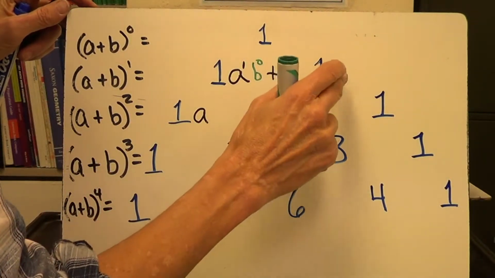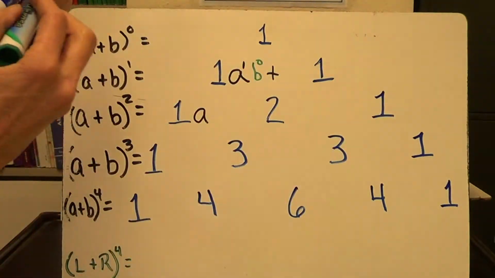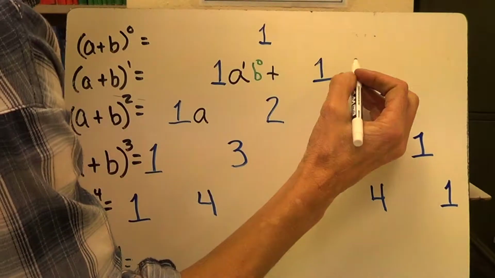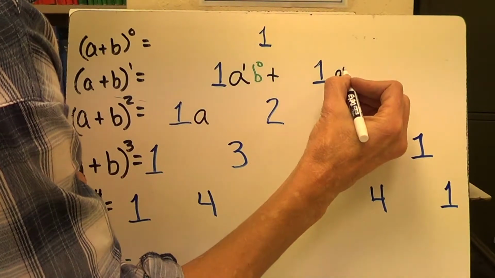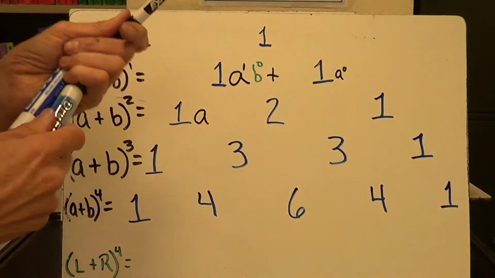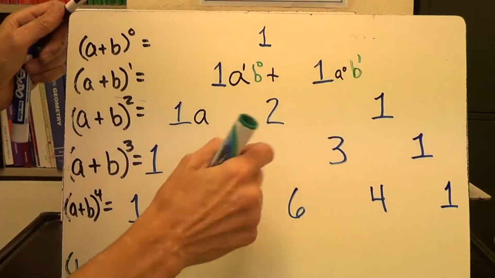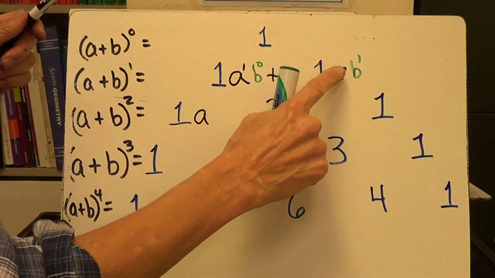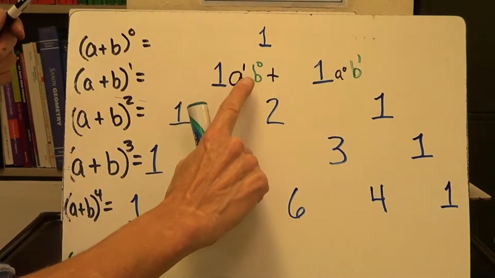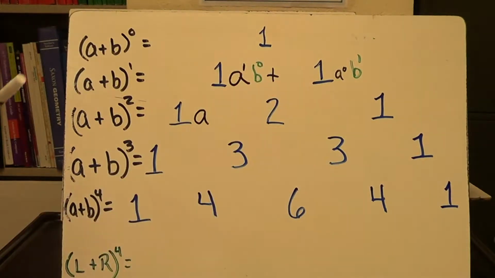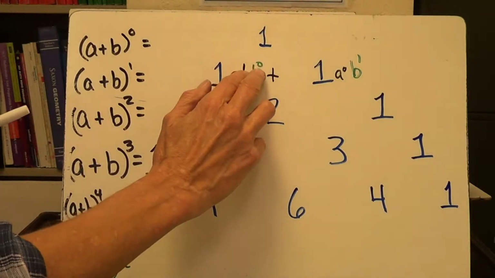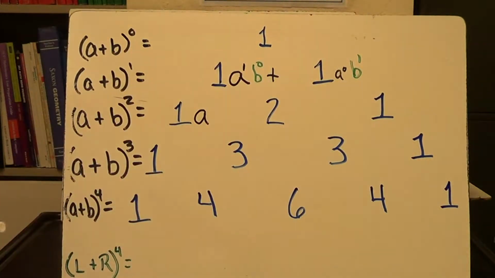Over here, and I'll put this one in green now, you would have a to the 0th power, which wipes out, and b to the first power. That's why I didn't show that as 1b to the first power, 1a to the first power. But as we go down in this, it makes it really simple. Their exponents add to be the row number that we're on.